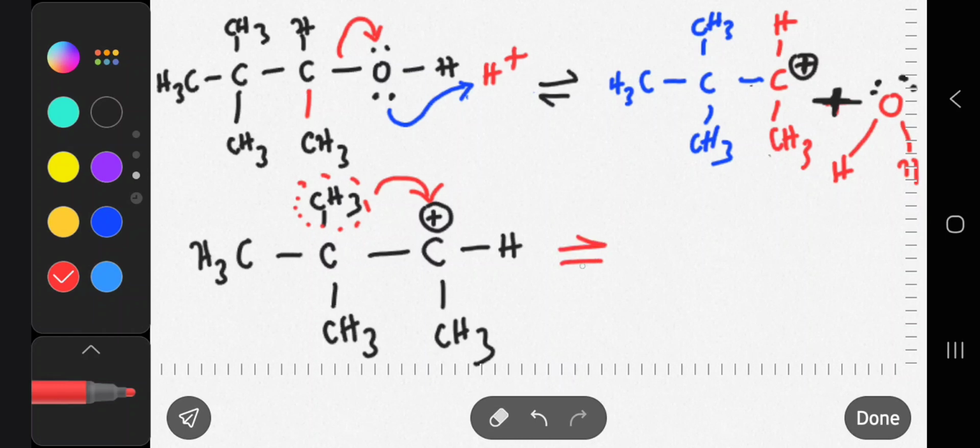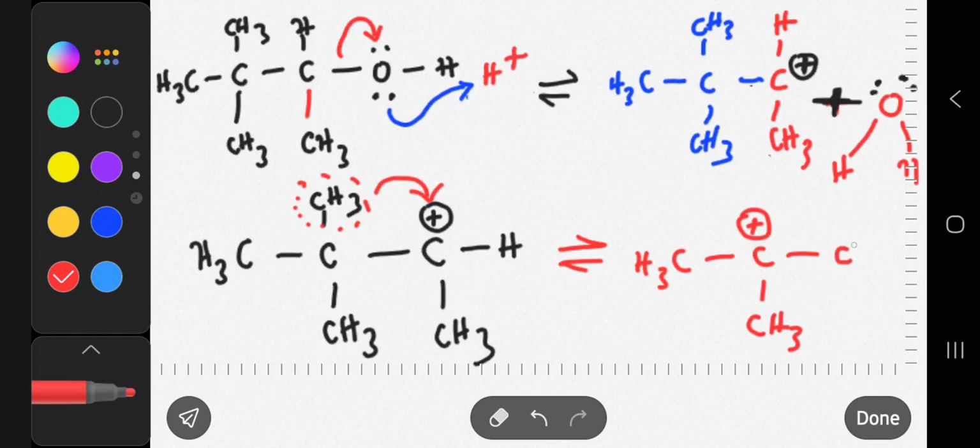So when this happens, we are going to have H3C as usual. Then we have carbon. Since this shift is taking up all the bonds, we're going to have a positive charge here, right? Remember, there's CH3 below. Then we have a bond.